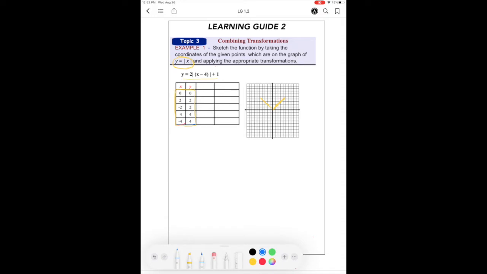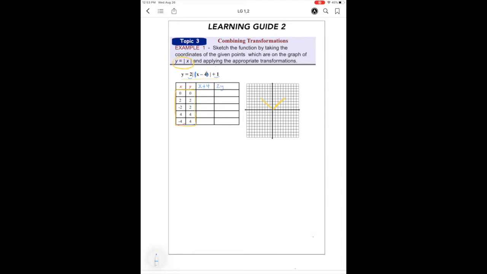First of all, let's go inside the bracket here. And remember, things come out as the opposite. So we're going to go x plus 4, which means it's horizontally shifting 4 units to the right. Now these two are going to affect the y's.